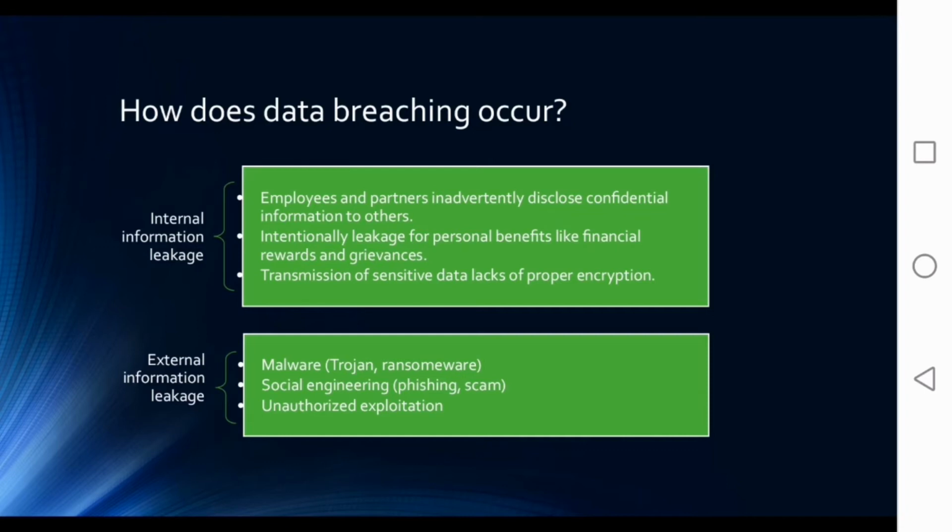Transmission of sensitive data lacking proper encryption will also lead to internal information leakage. On the other hand, external information leakage is normally caused by the actions of malware, social engineering, and unauthorized exploitation from hackers.